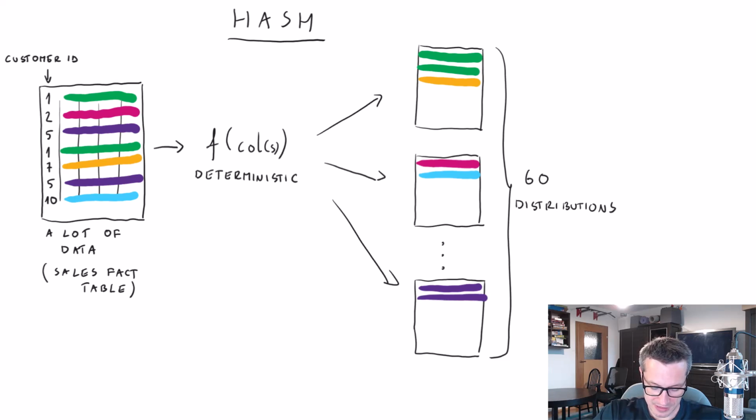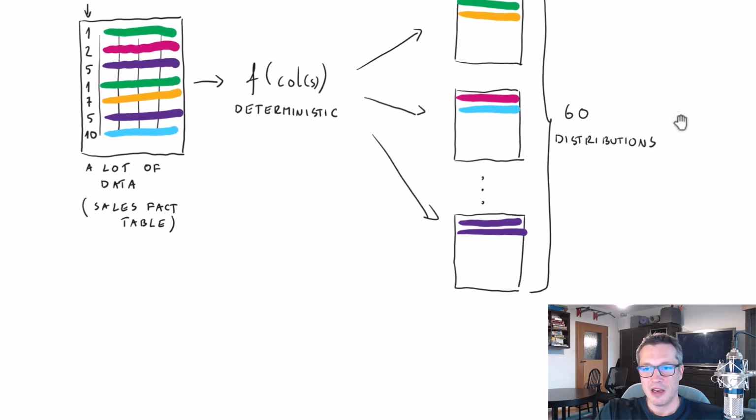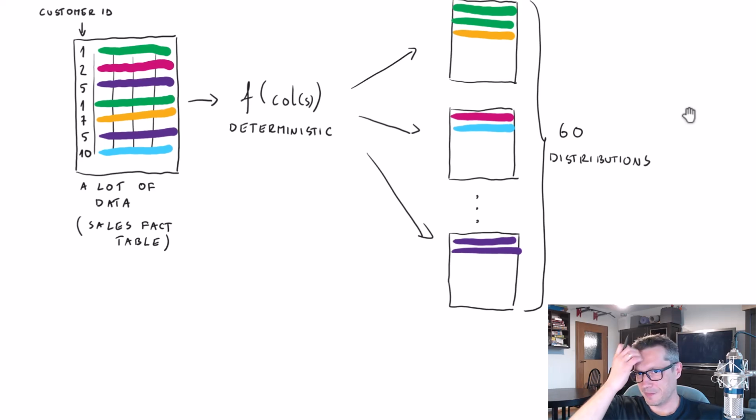So let me write some properties of this method. Let's assume that you would like to run a query like the one that I mentioned at the beginning. We have multiple customers and you would like to calculate a total amount by customer.